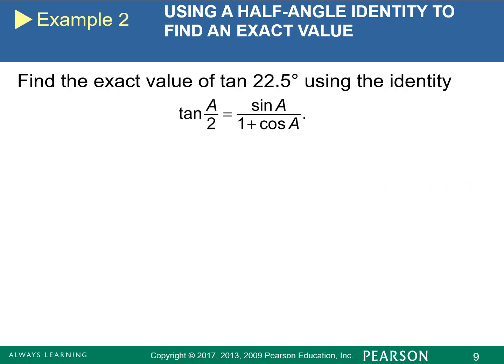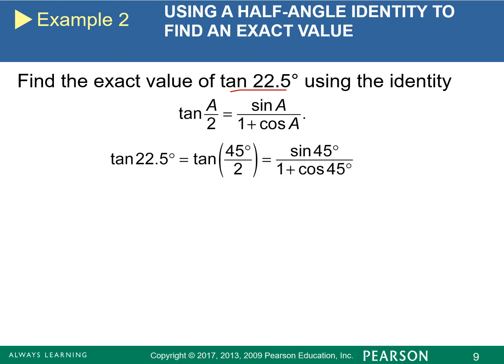Suppose I want to find the exact value of tan 22.5 using the identity tan a over 2 is equal to sine a divided by 1 plus cosine of a. I want a over 2 to equal 22.5, which tells me a is 45. So this is sine of 45 divided by 1 plus cosine of 45. Now I know sine of 45 is root 2 over 2, and so is cosine of 45.